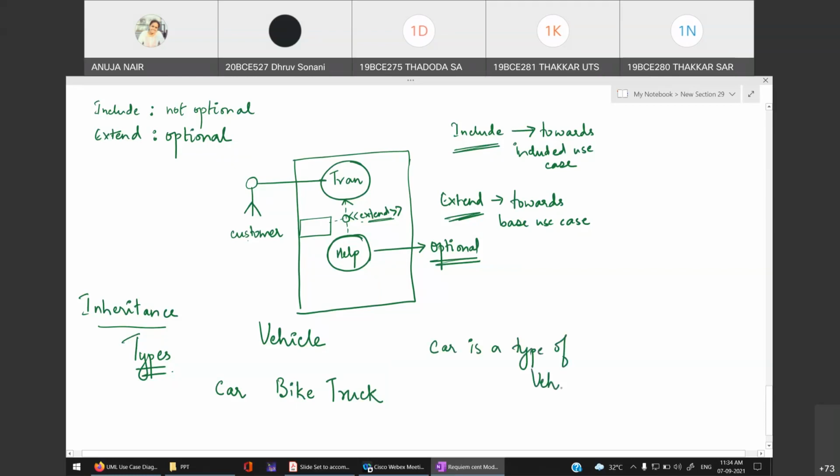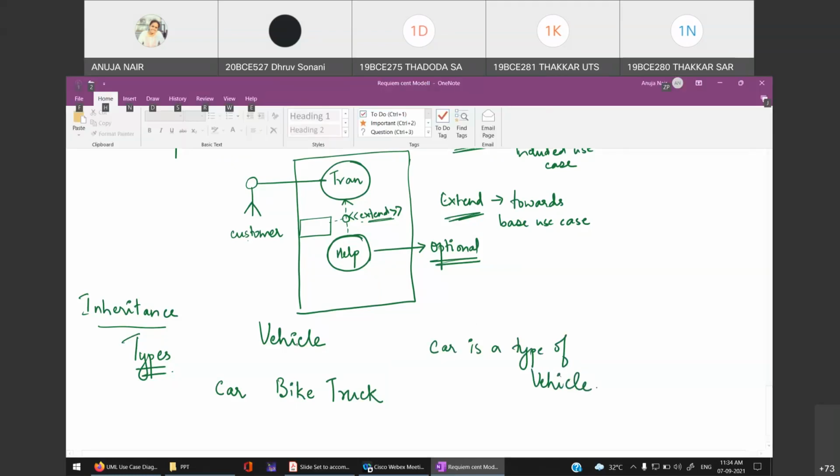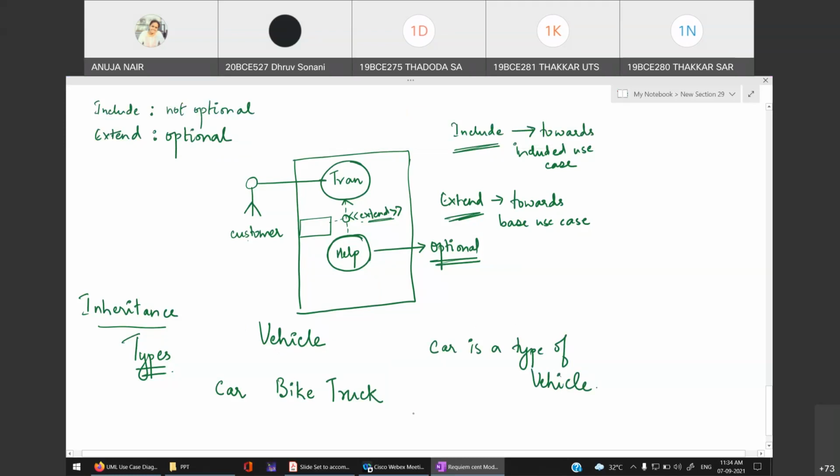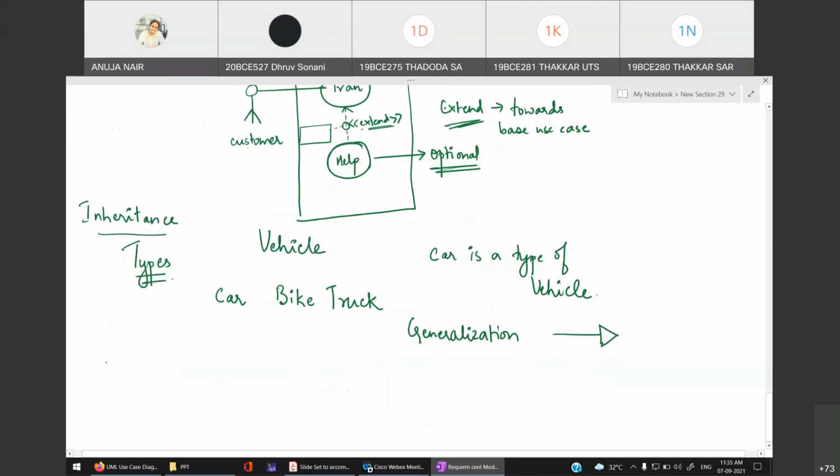This concept is called inheritance. In terms of software engineering, it is called generalization, and it is represented by this notation. Now, you can use generalization in use cases, and it can be used with actors also.